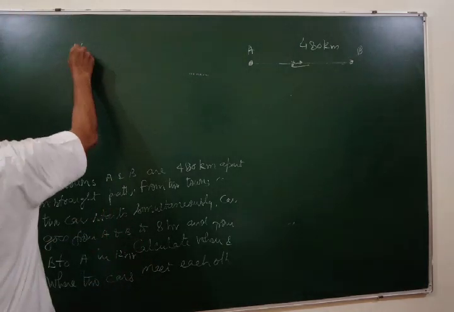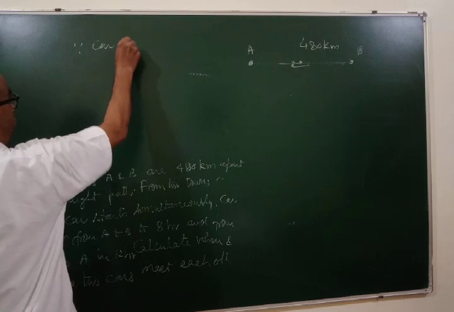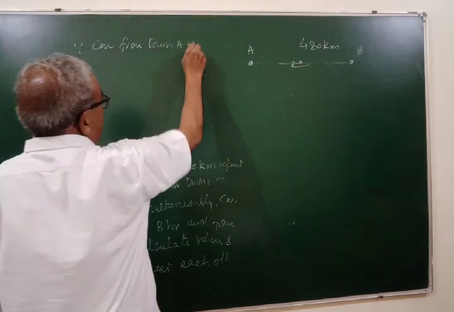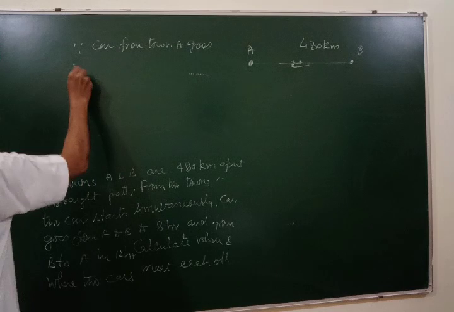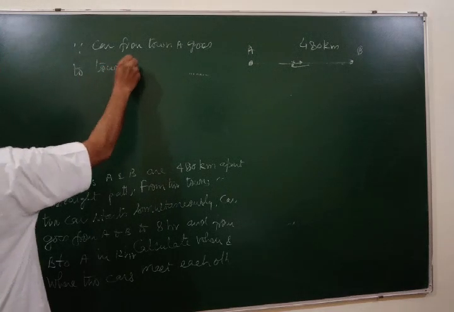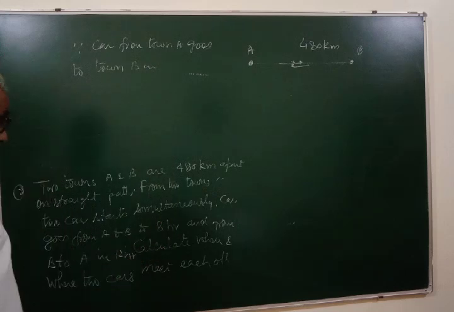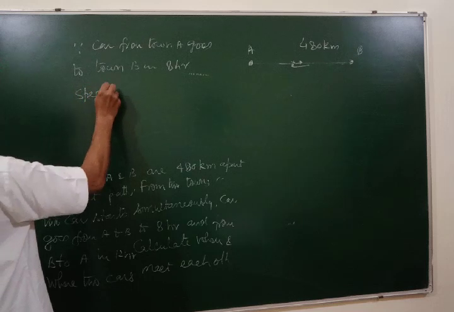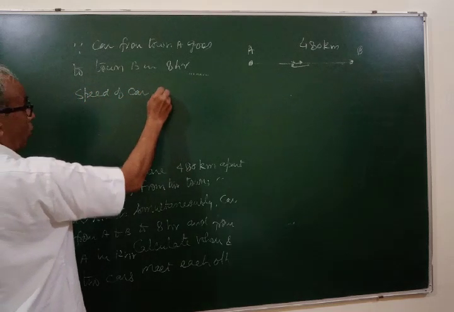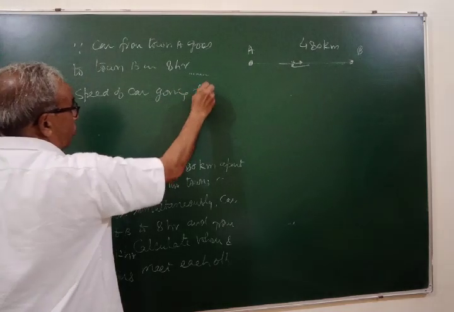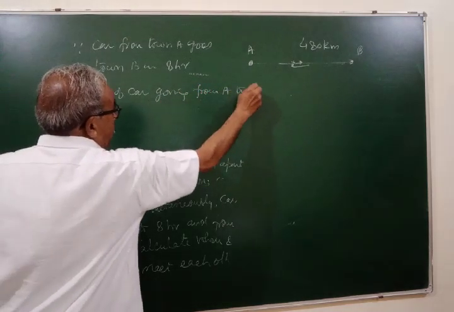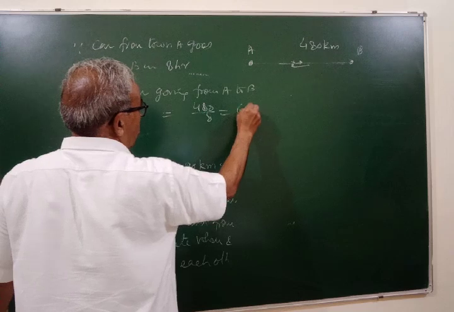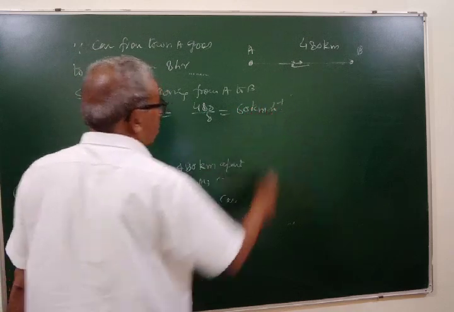Since the car from town A goes to town B in 8 hours, the speed of the car going from A to B is 480 upon 8, equal to 60 km per hour.